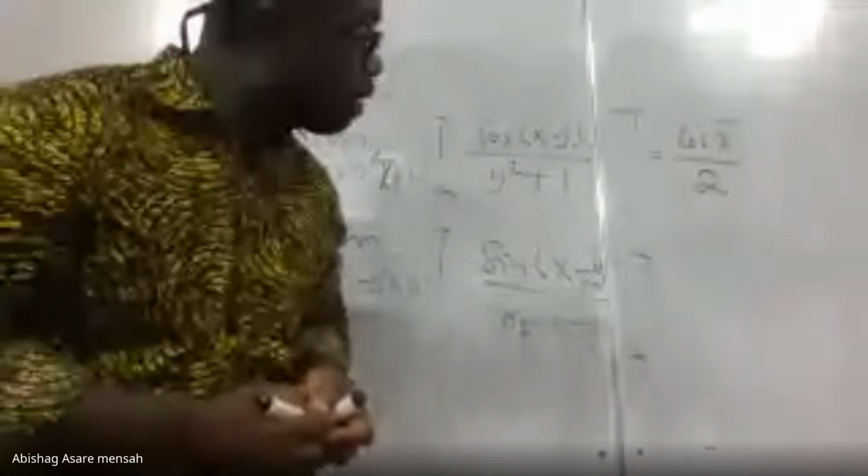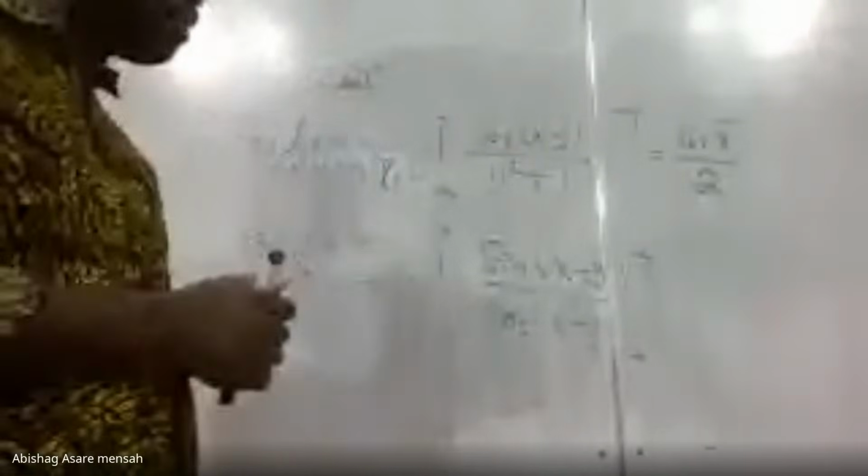Is it 1? Minus 1. Yes, minus 1, because 180 is in the second quadrant. So this one, we got minus 1 on 2.